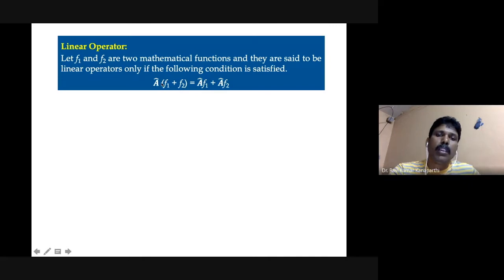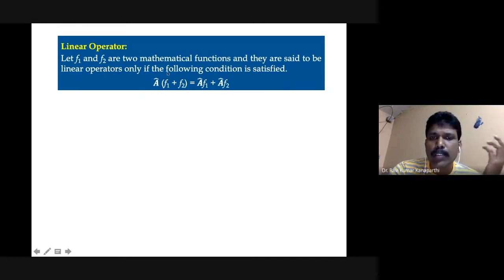Okay, the operator A, when it is acting on the summation of the two functions, then that must be equal to when the same operator is acting on them individually, and when you are adding together, that answer must be the same. Okay, so how are these left hand side and right hand side different?